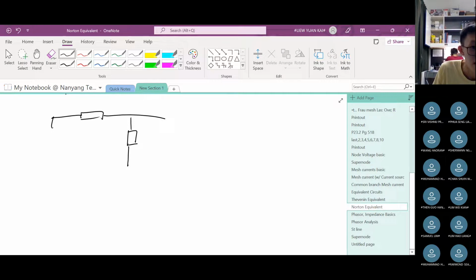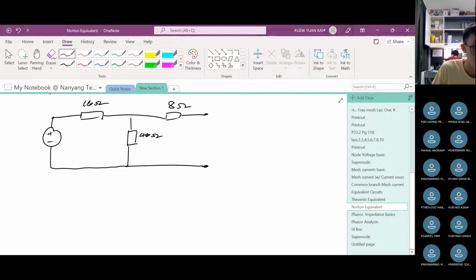I'm very sorry. Plus minus. Like that. This is 40 ohms. This is 10 ohms. This is 8 ohms. This is 60 volts. The previous 2 questions, I just gave it for you for extra exercise, okay? I don't know if I have enough time to go through it or not.